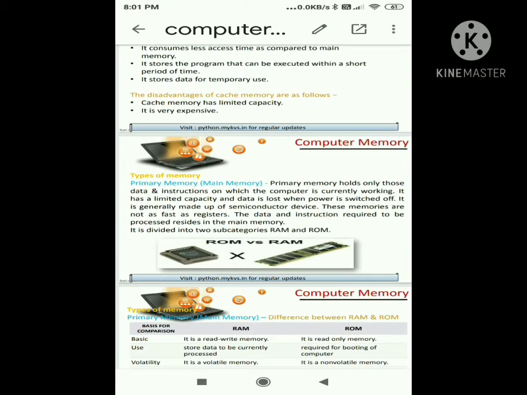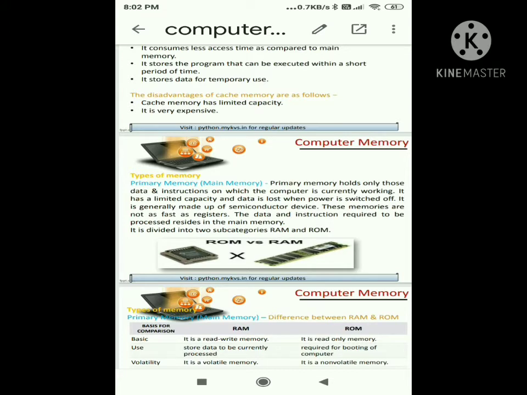RAM means random access memory and ROM means read only memory. So let us differentiate between these categories. We just take the two categories, that is RAM and ROM. Now let's take some basis for comparison between these two.